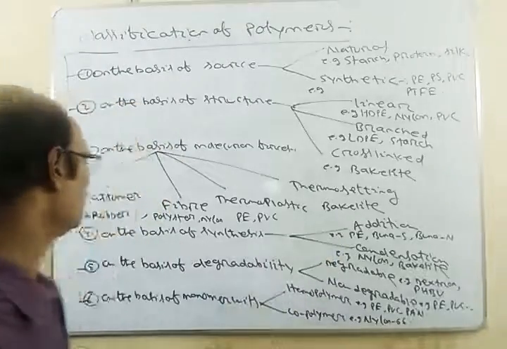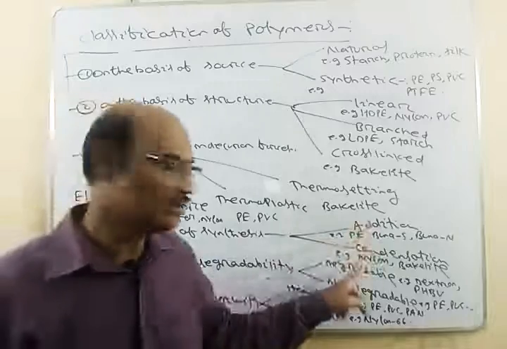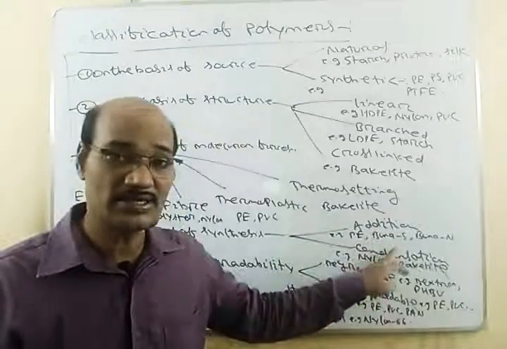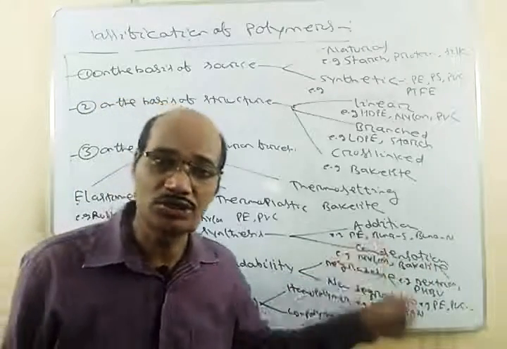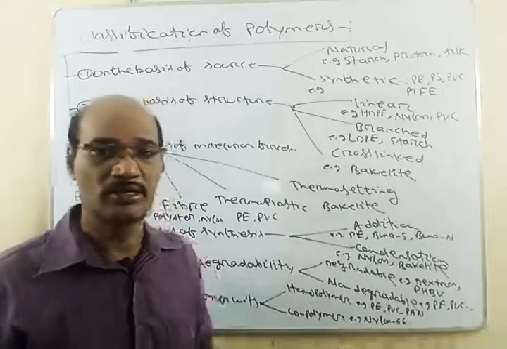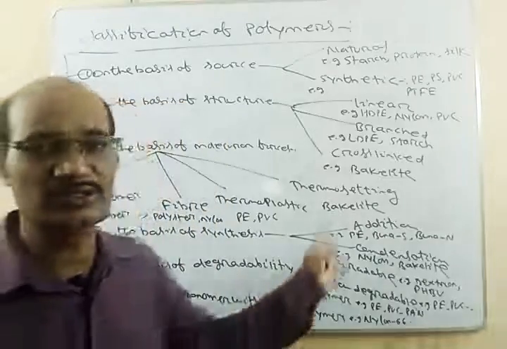On the basis of synthesis, addition polymer and condensation polymer. Addition examples are polythene, Buna S, Buna N, and nylon, Bakelite are the condensation polymers. Nylon 6 is there, nylon 610 there, nylon 66 there. Different kinds of nylons are there.